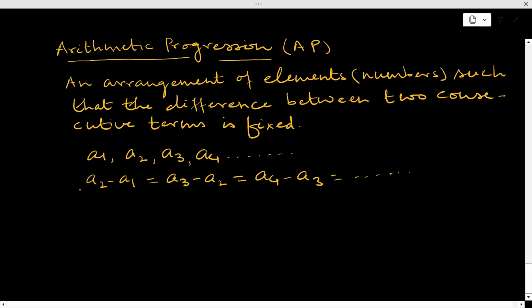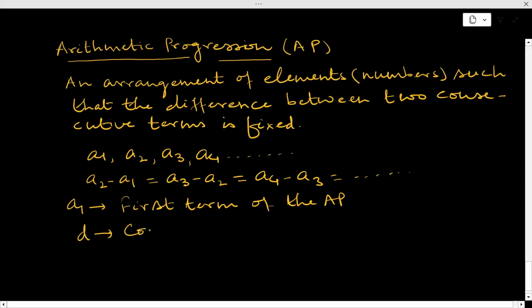Here this a1 is known as the first term of the arithmetic progression, and this fixed difference between two consecutive terms, meaning a2 minus a1, a3 minus a2, is defined as d, which is the common difference.